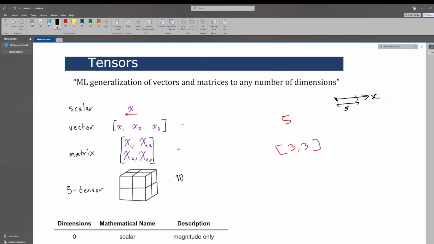So in a particular axis, especially the x, for example, the thief started running and he reached 5 kilometers. That's it. So this 5 is only a value, right? 5 kilometers is just a value. That's it. So this is basically a scalar value.